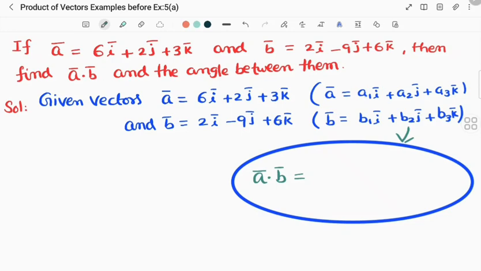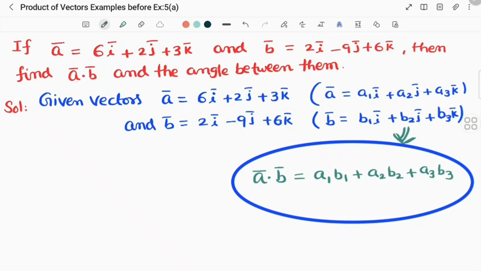So A1 into B1, the I bar coefficients you have to multiply. According to this, A1 B1 plus A2 B2 plus A3 B3. So this is called the dot product of these two vectors. So here also that only we are going to apply, dear students.